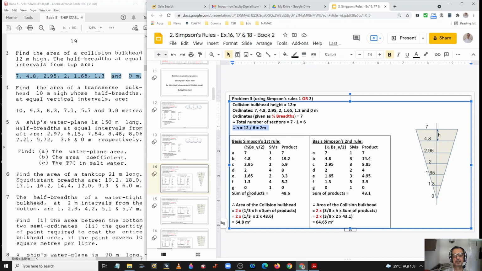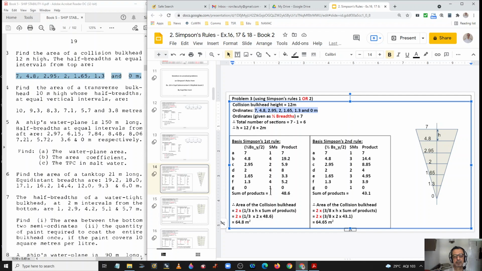The Simpson's multipliers that we are going to use are 1, 4, 2, 4, 2, 4, 1. And when we multiply the half breadths or the semi-ordinates with the Simpson multipliers, we will get the respective product for those ordinates.